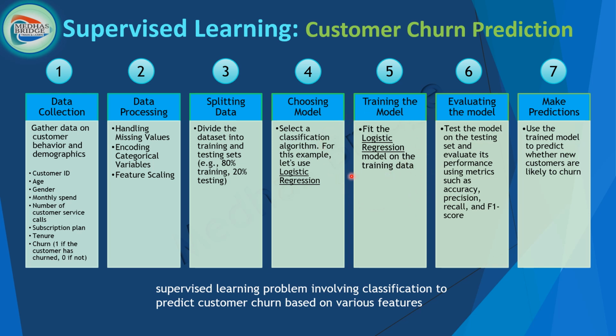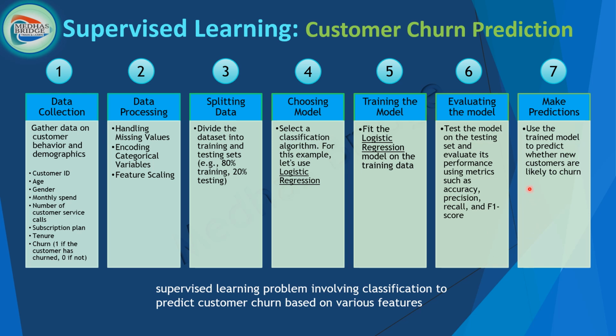Once you train the model, you now test the model, right? So, evaluating the model: test the model on the testing data set and evaluate its performance using metrics like accuracy, precision, recall, F1 score, etc. Once you are done with step 6, assuming your model is now fully trained, you are going to use that model to make predictions.